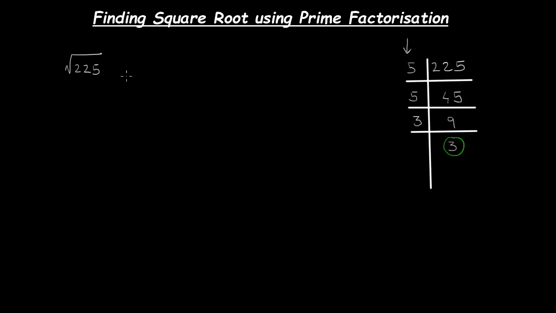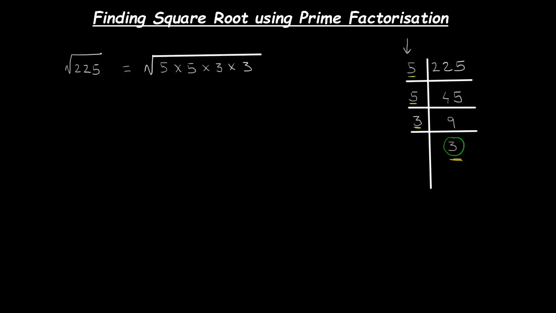So we can say the square root of 225 is equal to the square root of 5 multiplied by 5 multiplied by 3 multiplied by 3. So this is equal to the square root of 5 multiplied by 5 multiplied by 3 multiplied by 3.